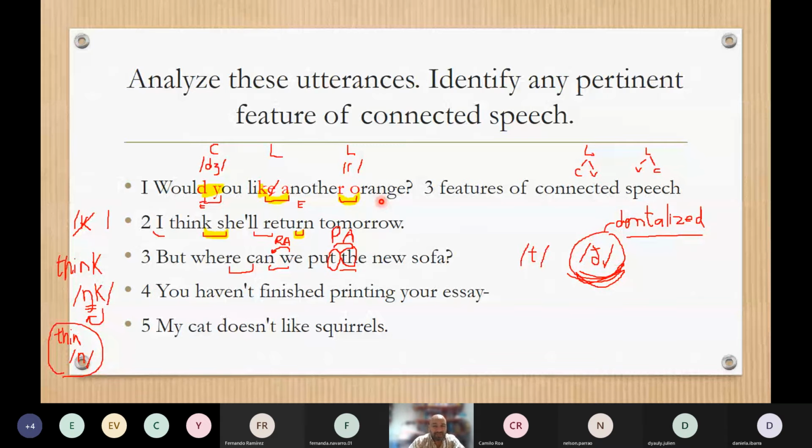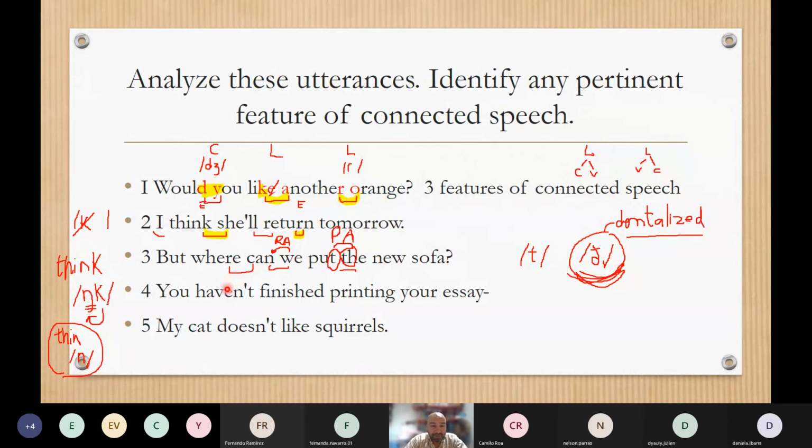There's no consistency between what you say it is and the way you read it aloud. I don't know if I'm explaining myself, but those are the 3 ways in which I have assessed the use of features of connected speech. Okay, I hope I have answered the question.